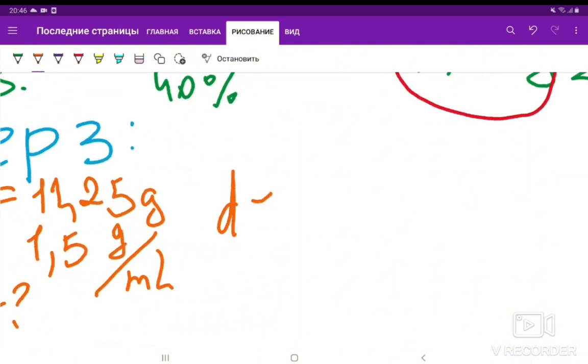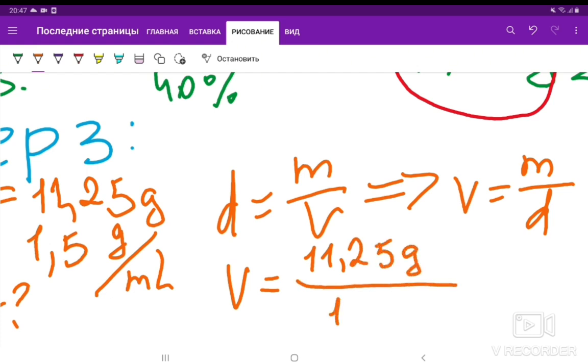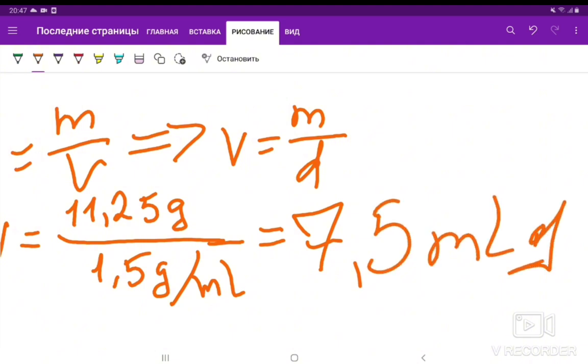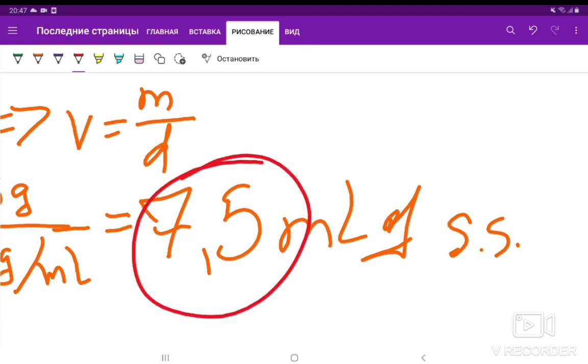We know that density is m divided by V. Hence, to find V, we can divide m by D. So volume will be the mass divided by 1.5 gram per milliliter. The answer will be 7.5 milliliter of stock solution. So we get the same answer with this method. Now I will show you all written on one page, where you can see the comparison.